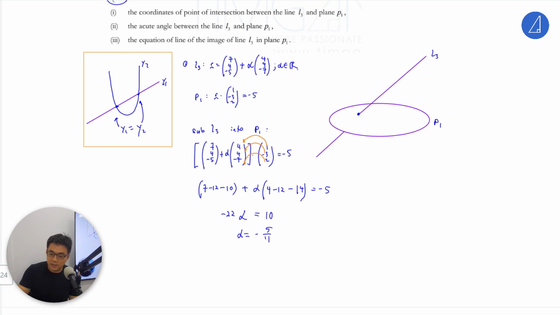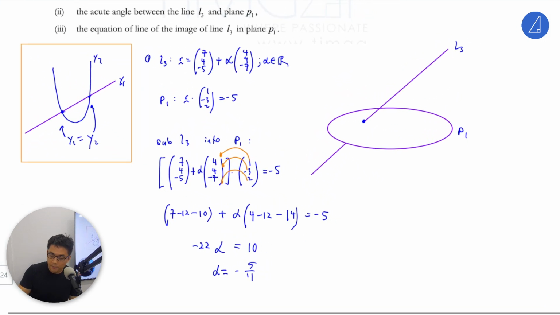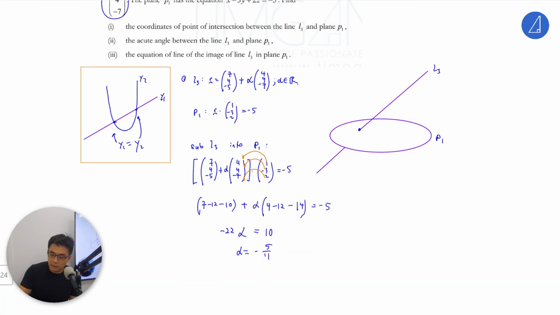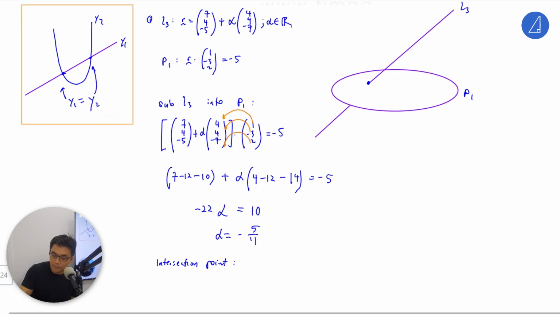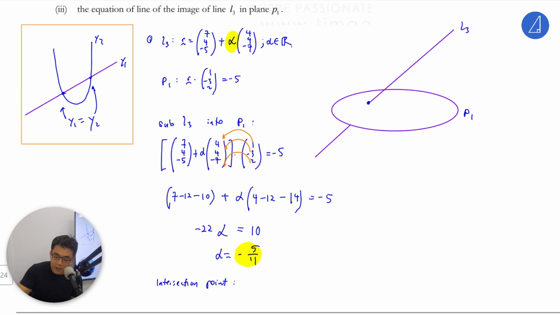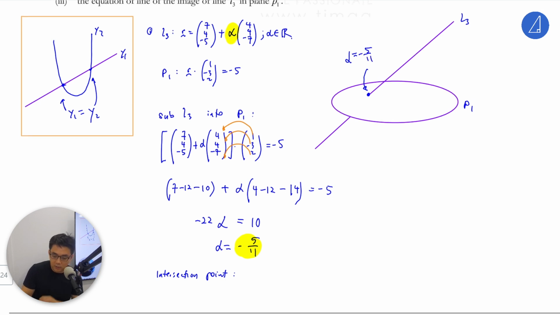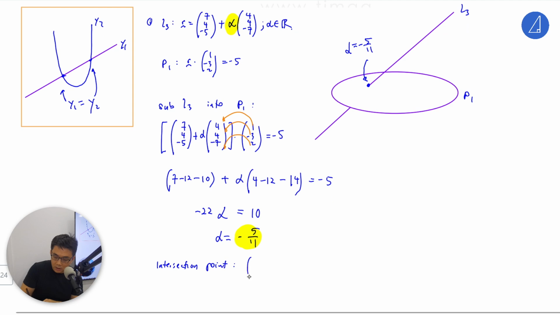So in this case, once done, you know that they intersect at... you just sub -5 over 11 into this equation, because that is where your alpha is a parameter. So you just need to... Yeah, just key this in.